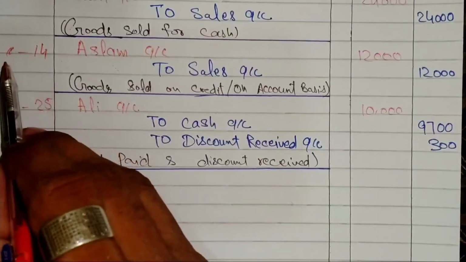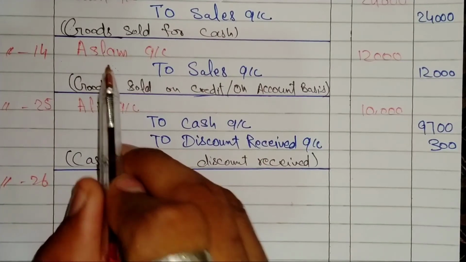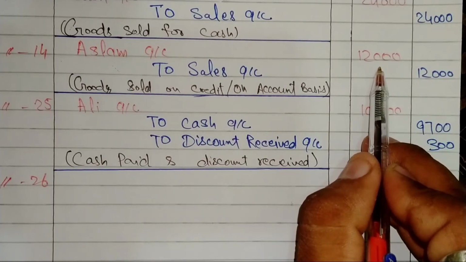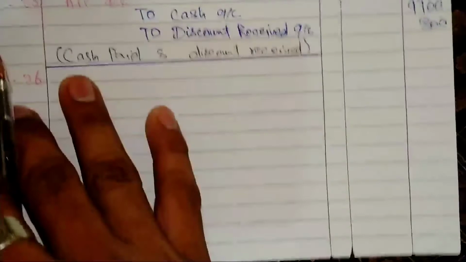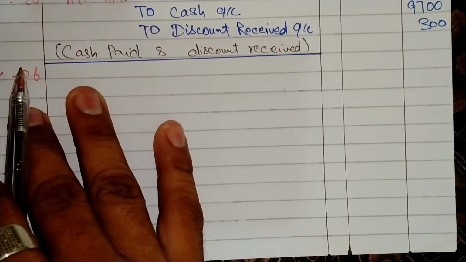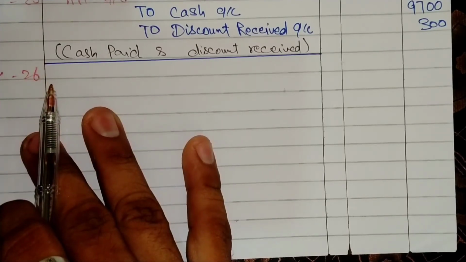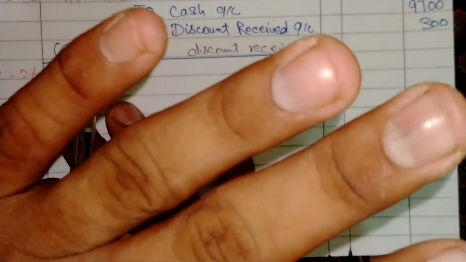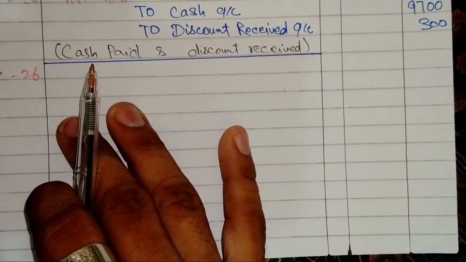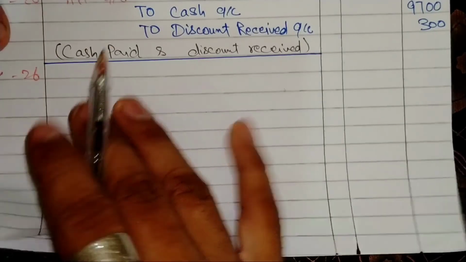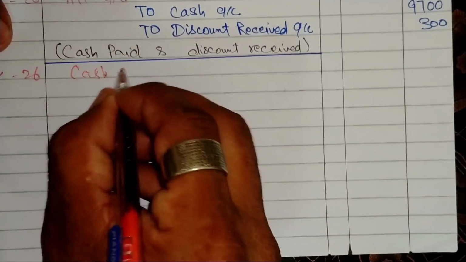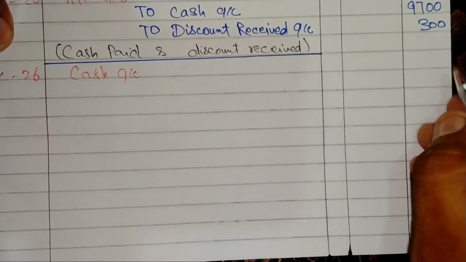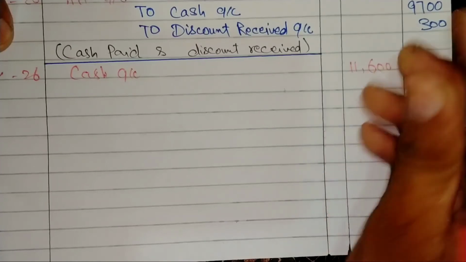So recall the account of Mr. Aslam. On March 14th, we have done sales on credit to Mr. Aslam with amount $12,000. On dated 26 March, we received cash from our customer, Mr. Aslam, with $400 discount. So it will be discount allowed from the business to Mr. Aslam. So cash account will be debit with amount 12,000 less $400, so $11,600, right?